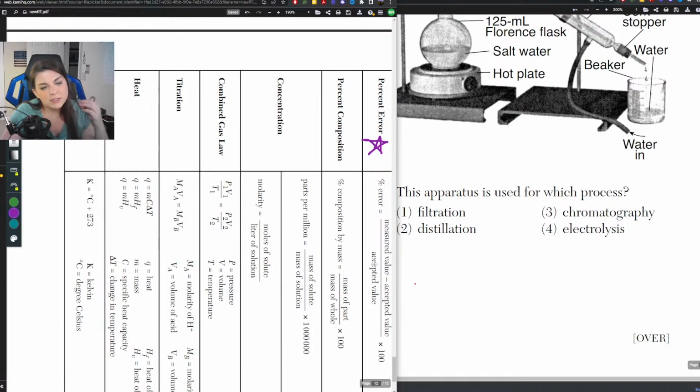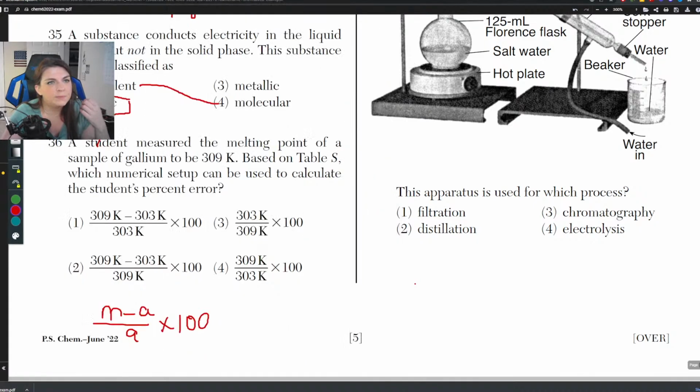Measured value minus accepted, divided by accepted. So the student is measuring 309, and the accepted was 303, and we have to multiply that by 100 in order to turn it into a percent. So that's going to be choice 1. Yes, it is. 303 was the accepted. Sorry.